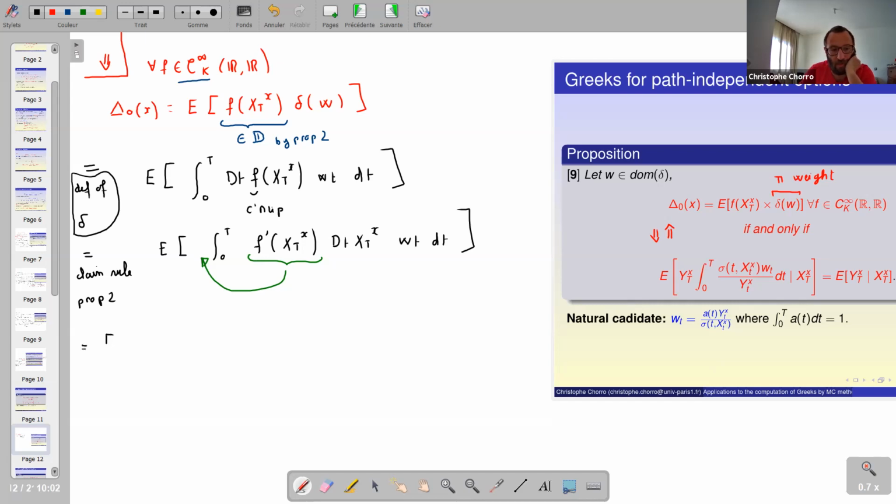So let's continue. I have the expectation, so I can remove this one from the integral. And I have the integral of the derivative of this one multiplied by W_t dt.